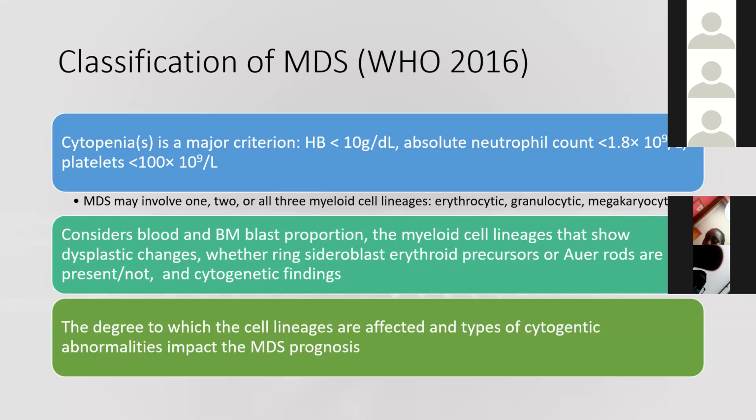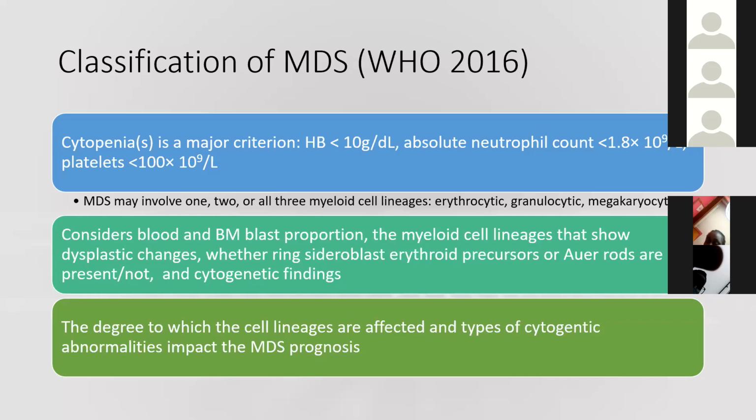And the degree to which the cell lineages are affected, okay? Are they severely affected? Are you having a severe anemia, a severe neutropenia, or is it a mild degree? So that degree of affectation and the types of cytogenetic abnormalities will impact on the prognosis of the patient. So there are some classes of MDS which will tend to have a very good prognosis with a longer expected lifespan, whether treated or not.